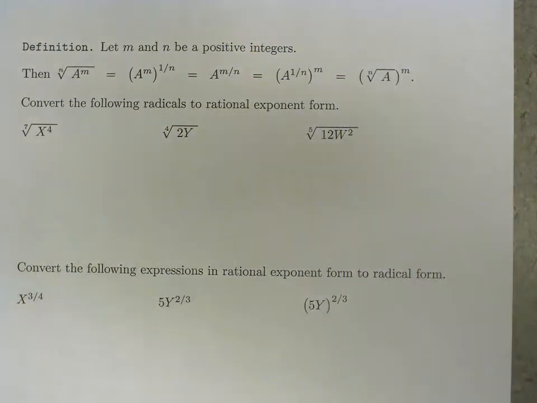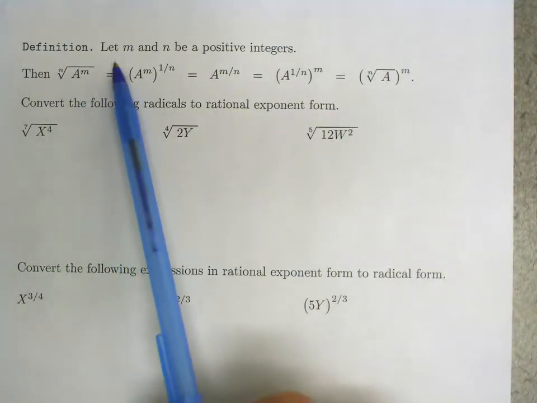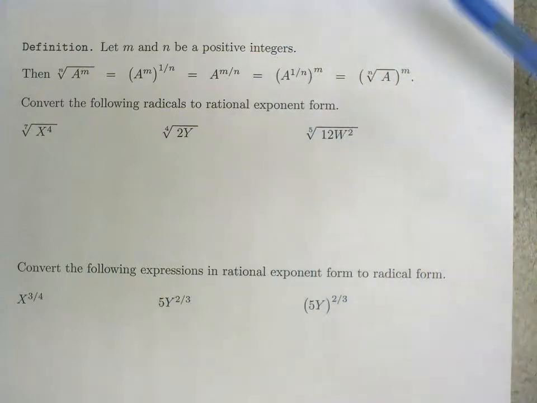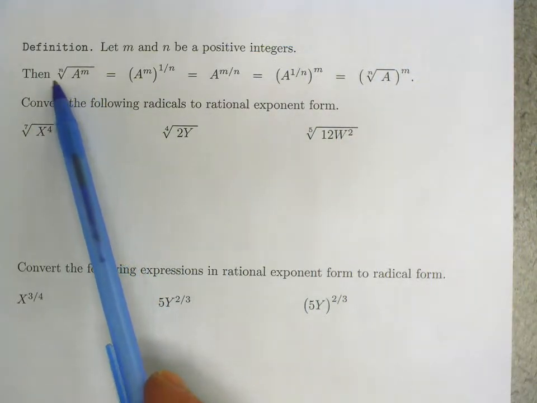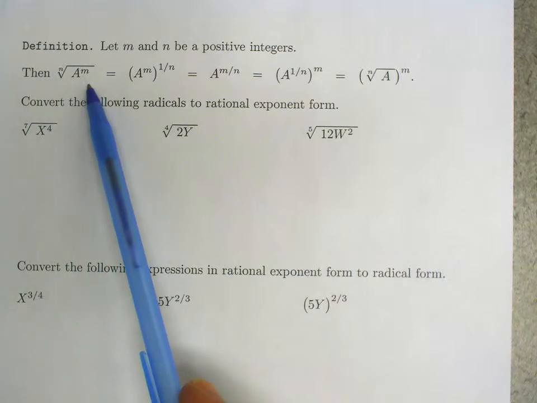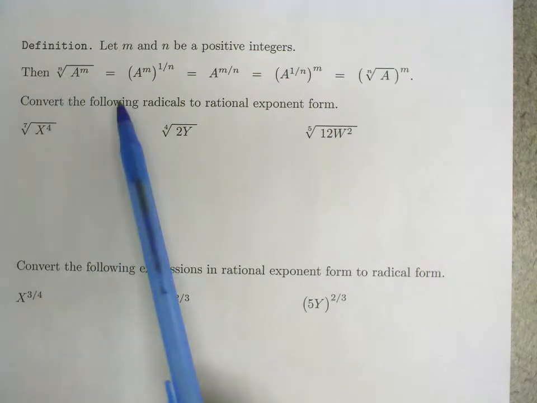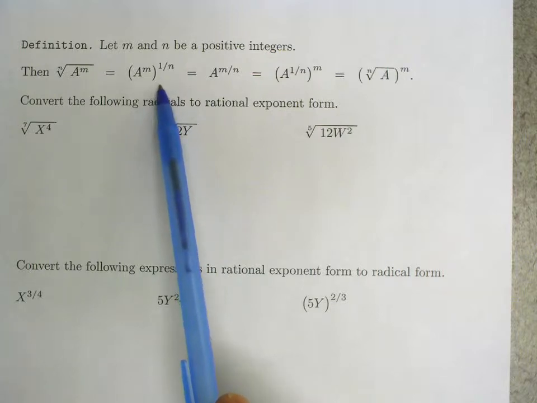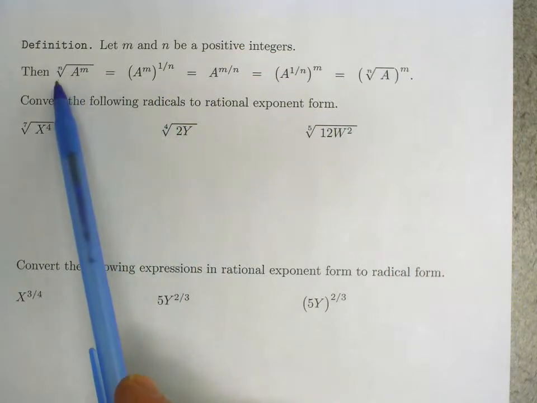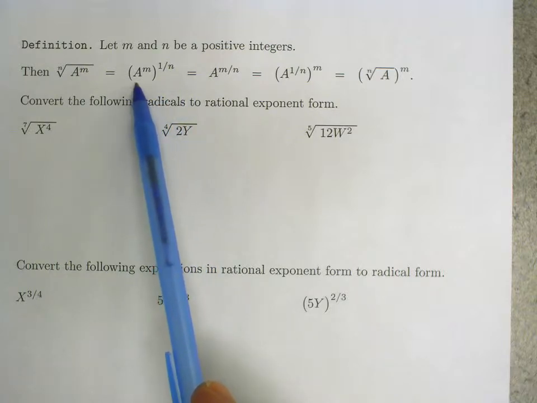So we have this definition. This time let m and n be positive integers. And then the nth root of a to the m, so note that inside the radical is a raised to the exponent m. Applying the definition that we saw a little earlier, we can convert this to rational exponent form if we just raise a to the m to the 1 over n.